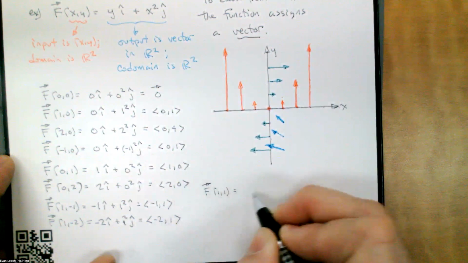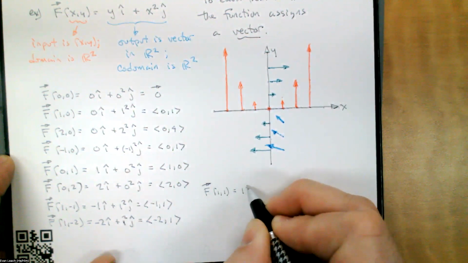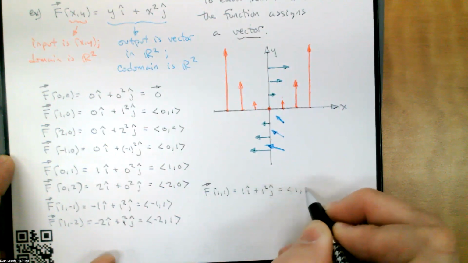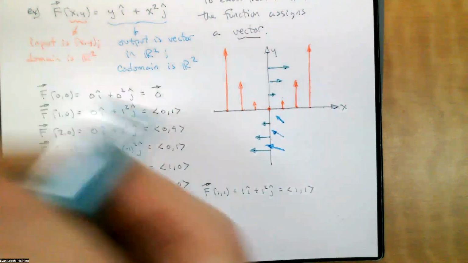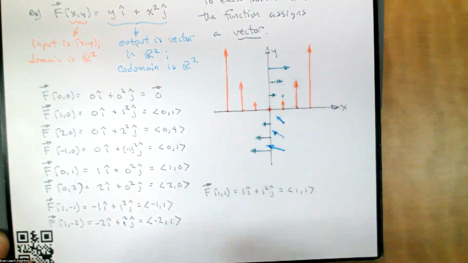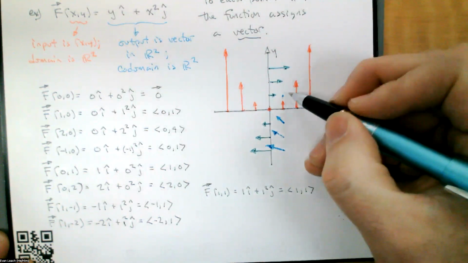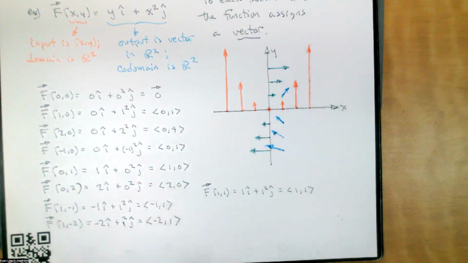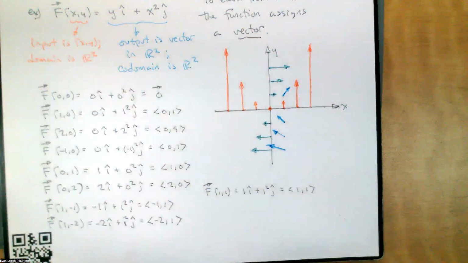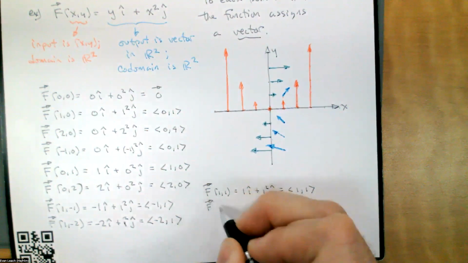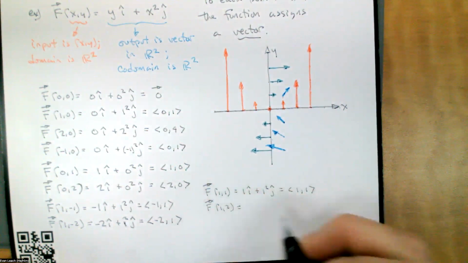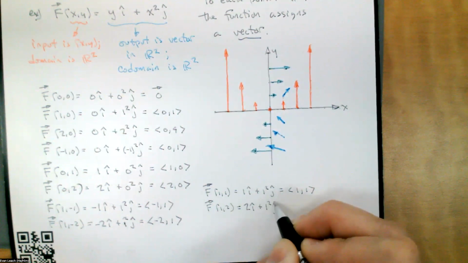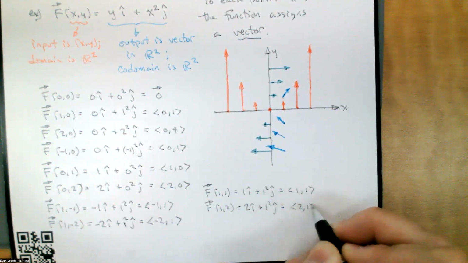1, 1. We'll have y is 1 in the i direction and x is 1 squared in the j direction. So now at this point, we have flipped around and now we're going in the other direction. Then at point 1, 2, two in the i direction and still 1 in the j direction.